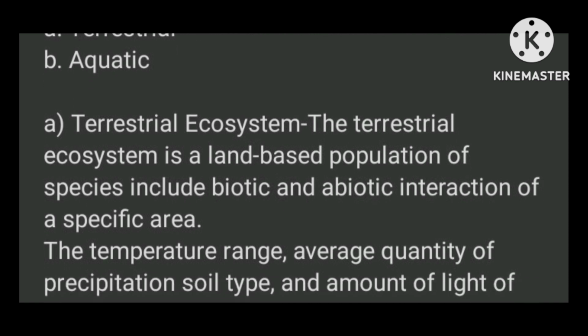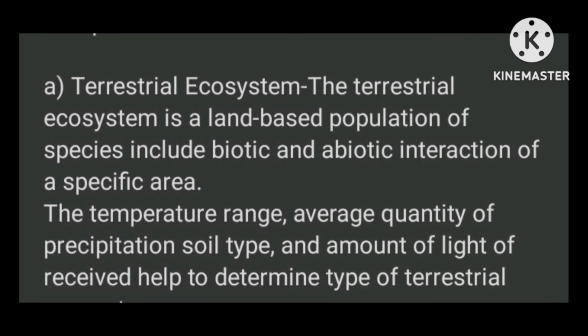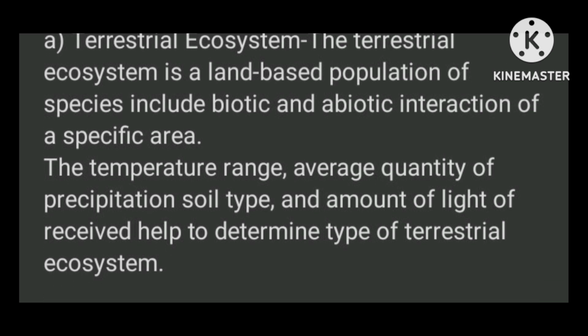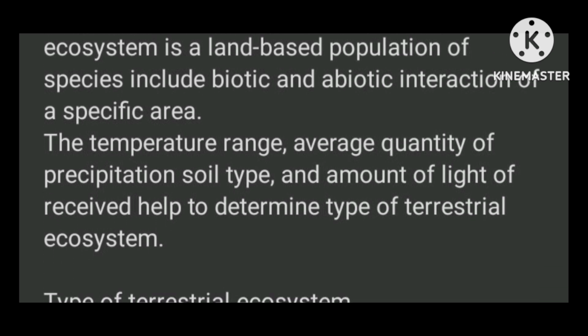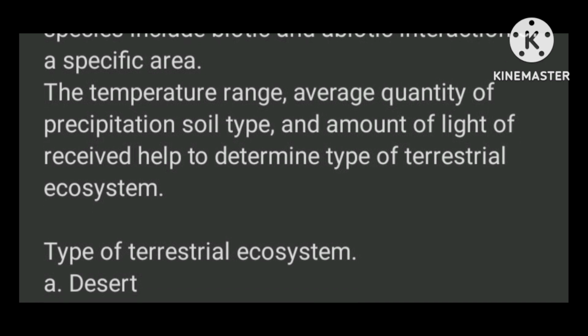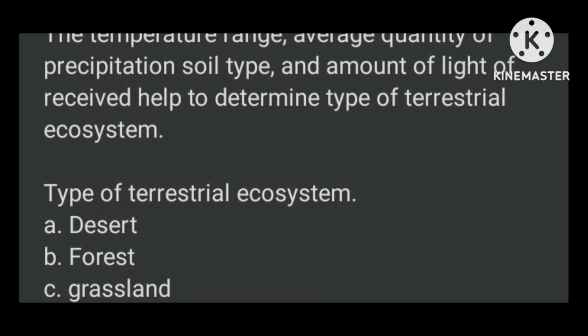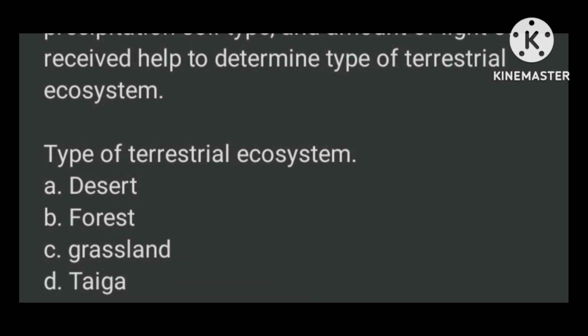A terrestrial ecosystem is a land-based population of species, including biotic and abiotic interaction in a specific area. The temperature range, average quantity of precipitation, soil type, and amount of light received help to determine the type of terrestrial ecosystem.